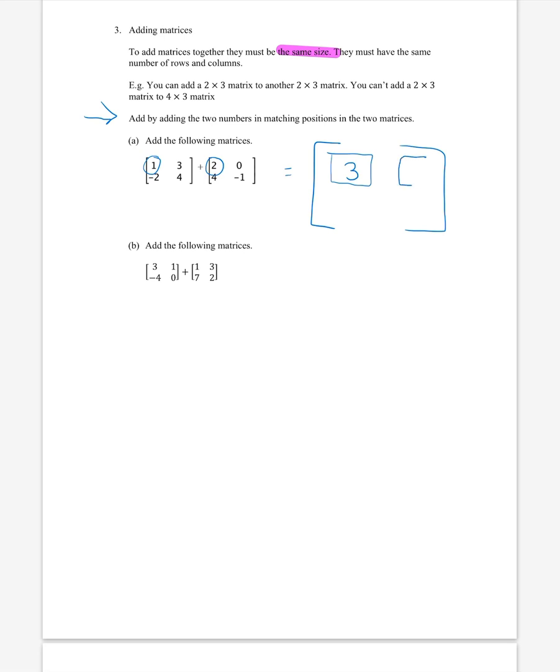And this next box along will be a combination of 3 and 0, which will be 3. On the bottom, I'll keep following that pattern. Minus 2 plus 4 will give me 2. And then the next one will be 4 plus minus 1, which is 3. So that gives me my matrix by adding them together. Okay, why don't you try B?